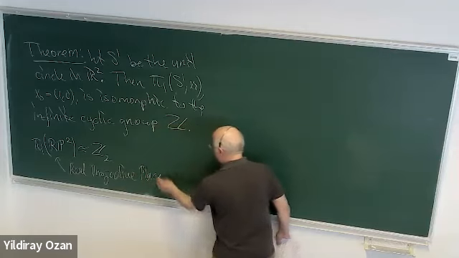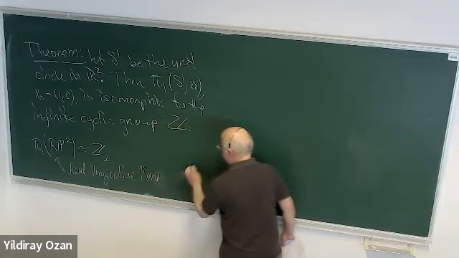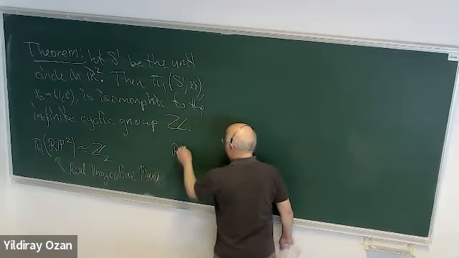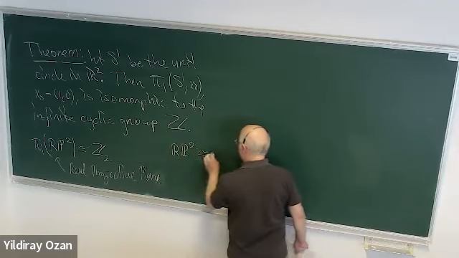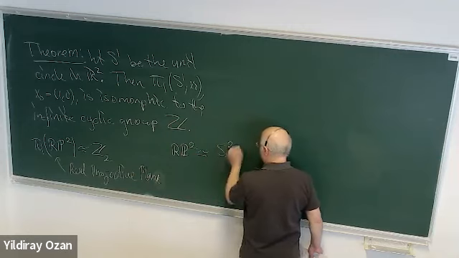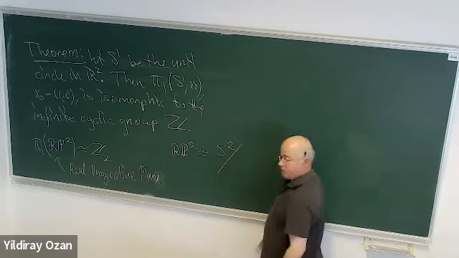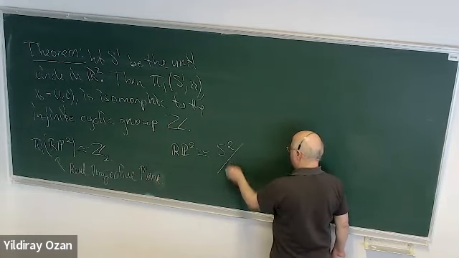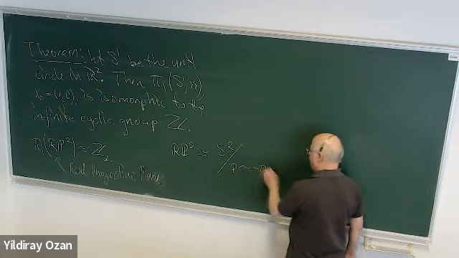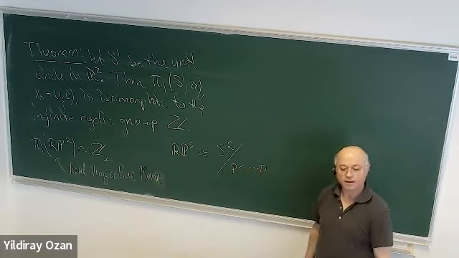I mentioned this a couple of weeks ago. It is just, by definition, the quotient space of the sphere by the action where you identify any point with its antipodal point.